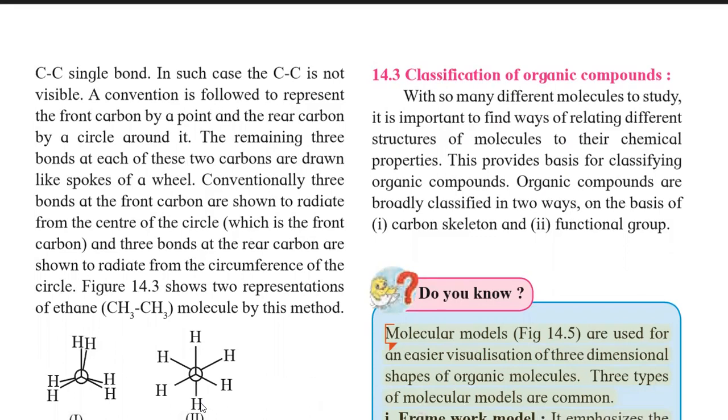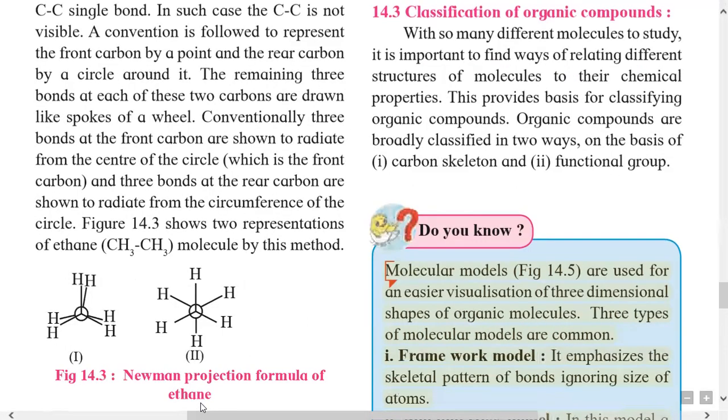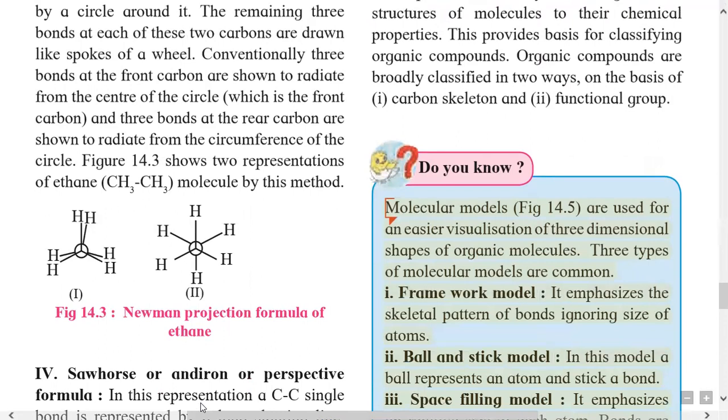This figure 14.3 shows the two representations of the ethane molecule by this method. We know ethane is CH3 single bond CH3. See in this first figure at the center, these hydrogens are shown. That indicates at the center there is a front carbon on which 3 hydrogen atoms are bonded with equal angles.